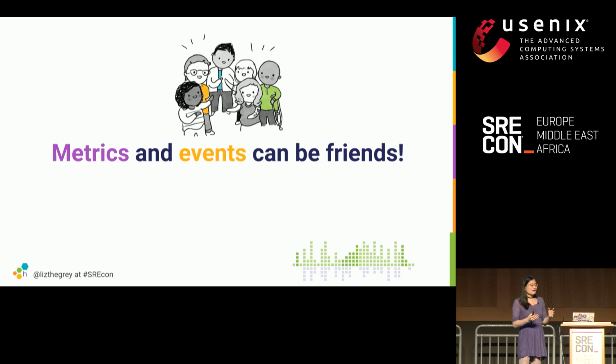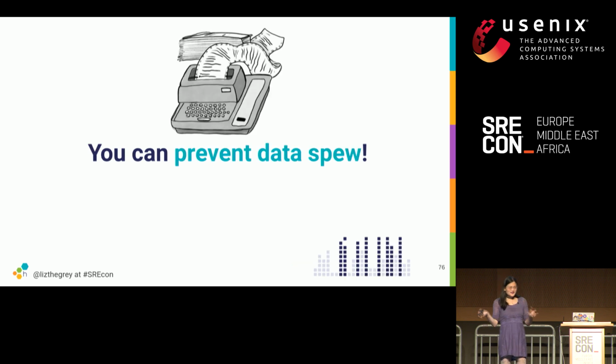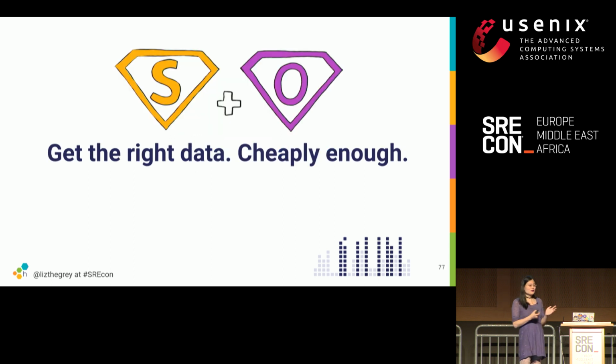The end limit of a metric system that has some cardinality is the exact same as the end limit of an event system that's been made affordable by sampling. You're collecting full cardinality data, and then you're using some of it as a representative sample, and you're discarding the rest. And this is how we prevent data spew. We prevent data spew by reducing, recycling, and reusing our data.